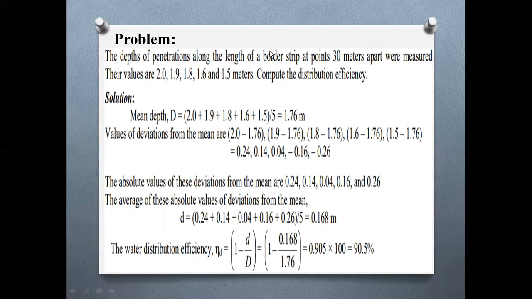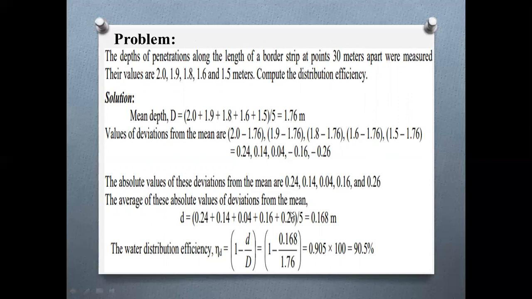summation of all these values divided by the number of values, that is 1.76 meter. Now the values of deviation from the mean are 2 minus 1.76, 1.9 minus 1.76, 1.8 minus 1.76, 1.6 minus 1.76 and 1.5 minus 1.76. Hence, the values of deviations are 0.24, 0.14, 0.04, minus 0.16 and minus 0.26.